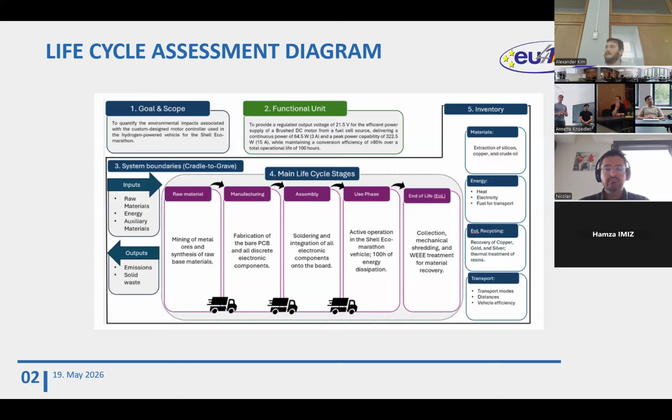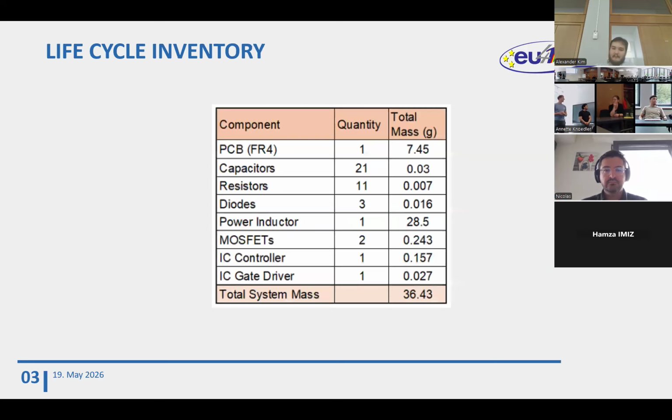We considered the motor controller for 100 hours, and at the end we have an end of life. Here's just a small overview of our components, and we had a total mass of 36 grams.